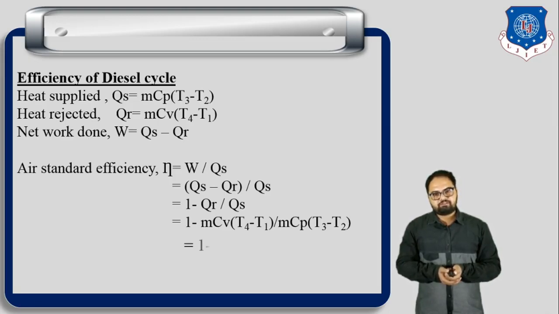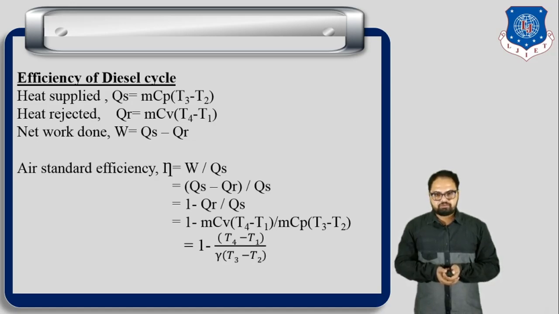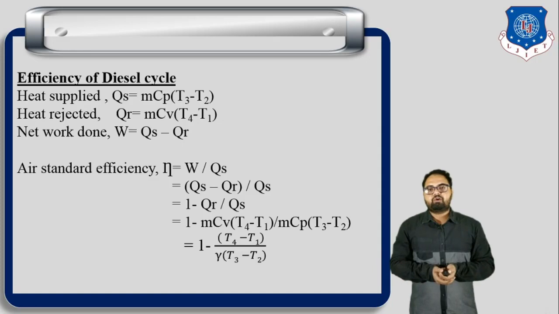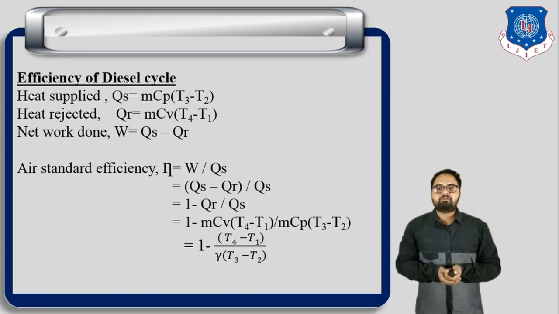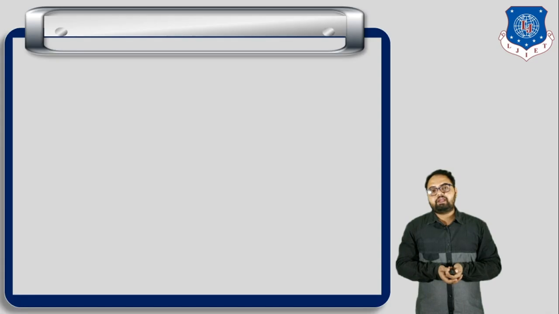The m term gets cancelled and the final equation will be 1 minus (T4 minus T1) divided by gamma times the bracket (T3 minus T2). So if we want to solve this equation, then we must find the values of T1, T2, T3 and T4.